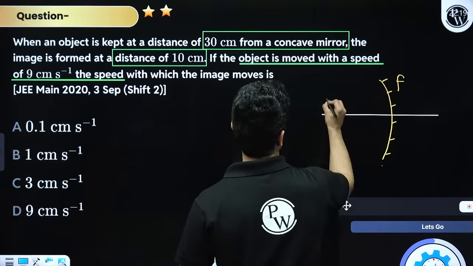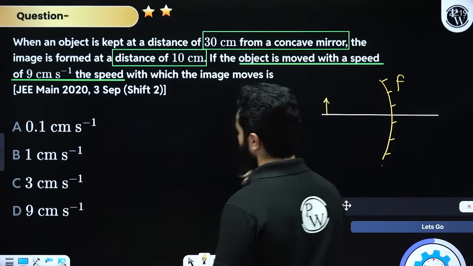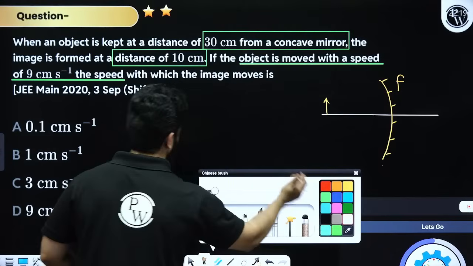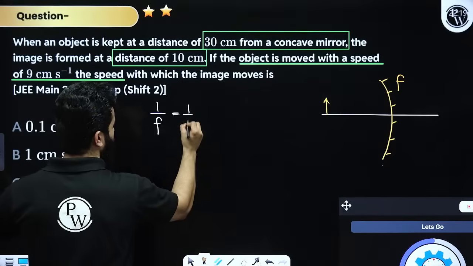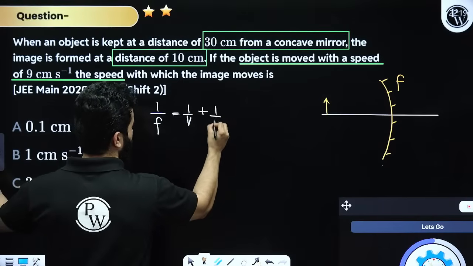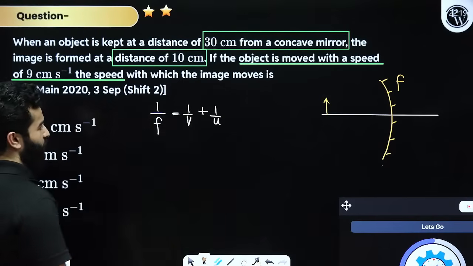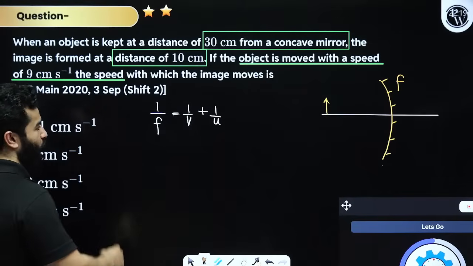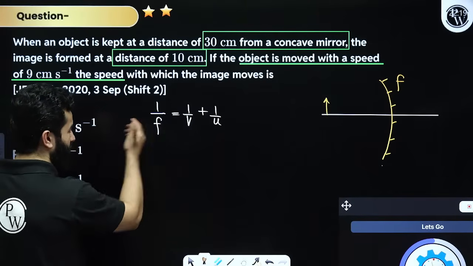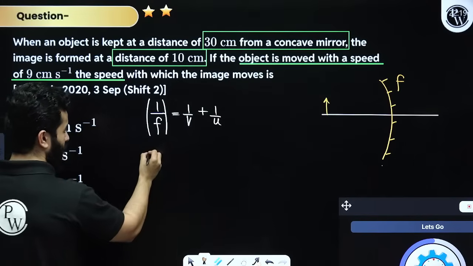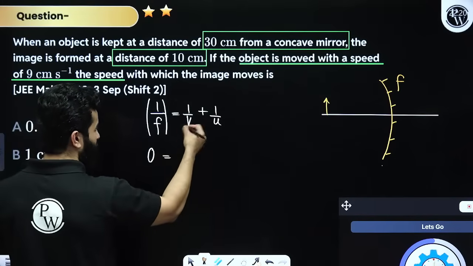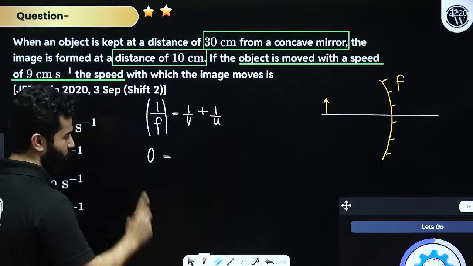Now please understand. We have 1 upon f is equal to 1 upon v plus 1 upon u, and we want to differentiate it with respect to t. Differentiating focal length with respect to t will be 0. Now differentiate v with respect to time. That's what we need to do.